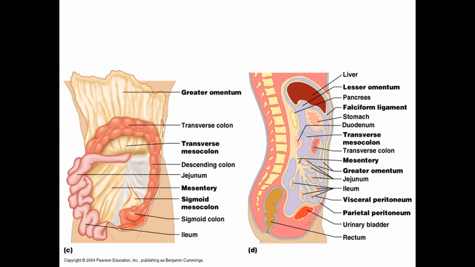So we got to have a way to hold them in position, and also an efficient way for blood vessels and nerves to travel to all parts of these organs. So that's why we have a structure inside the abdominal cavity called a mesentery, mesenteries, to organize these organs in certain ways.